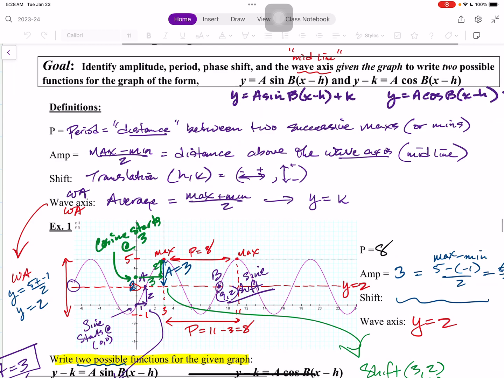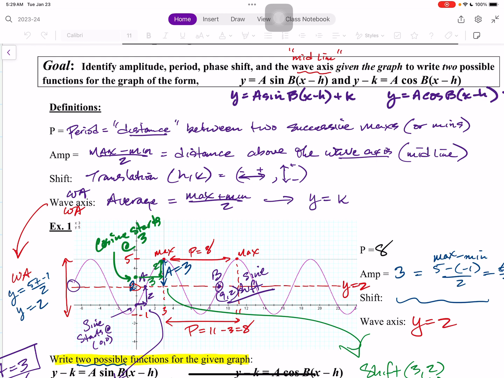Refer to that if you don't have them memorized here, but P stands for period, which is the distance between two successive maximums or minimums. There's a way visually to calculate the amplitude, but if you can't see it, you just take max minus min and divide that by 2, and you'll get your distance above the midline or the wave axis.